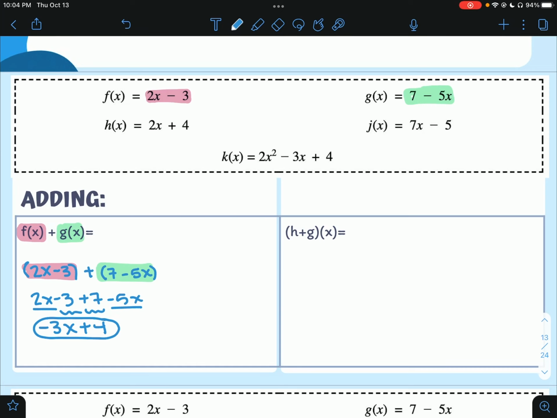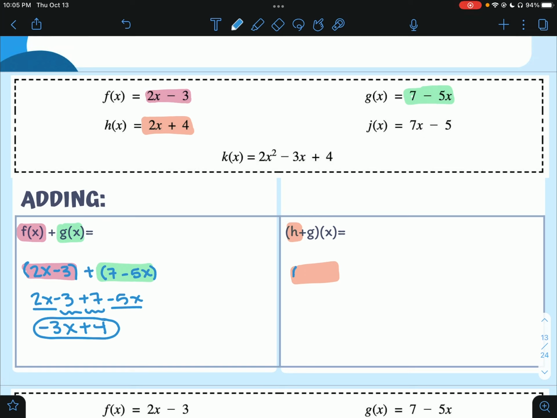We would do the same thing with h and g. We're going to say h of x is equal to 2x plus 4. So where the h is, we're going to set this up as h plus g.